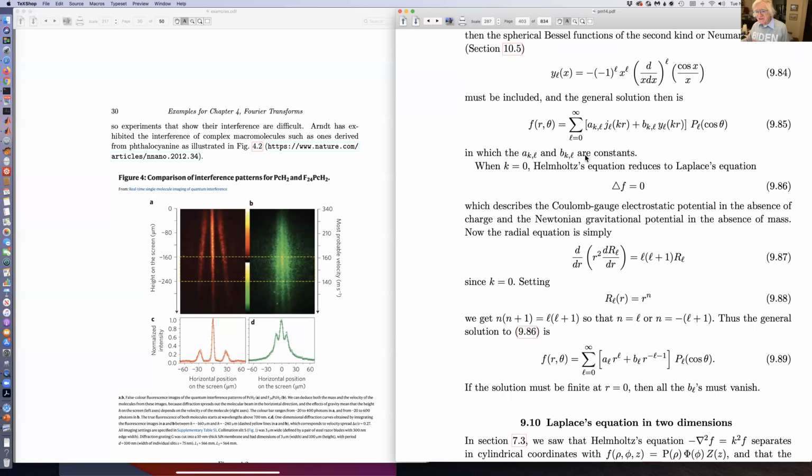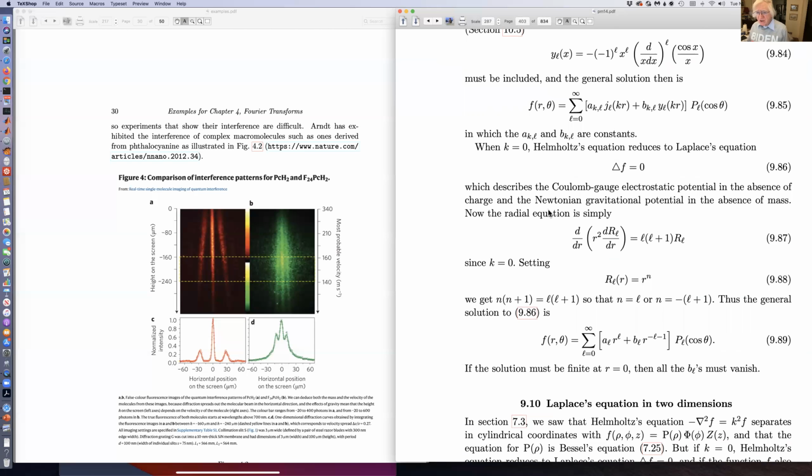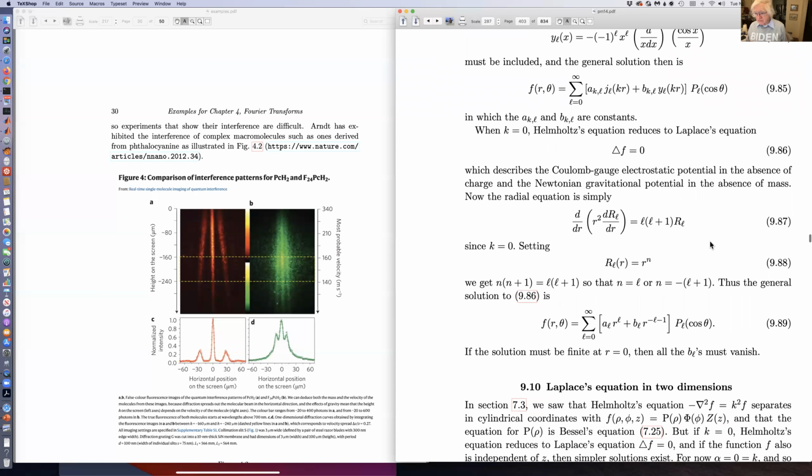And when k is 0, then Helmholtz's equation just reduces to Laplace's equation, which is Coulomb gauge electrostatics or Newtonian gravity in the absence of mass.